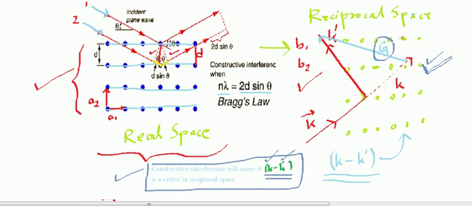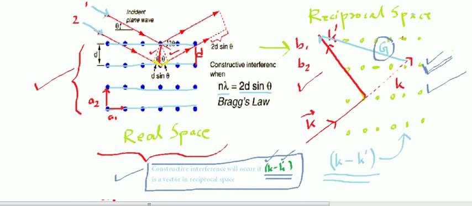If you get a vector that does not lie in this space, then no constructive interference. That's it. This is the beauty of reciprocal space. The entire diffraction formula 2d sin theta equals n lambda has been converted into simple geometry: just do k minus k dash, you get a vector, and see if the vector exists in reciprocal space or not. That's all you need to do.